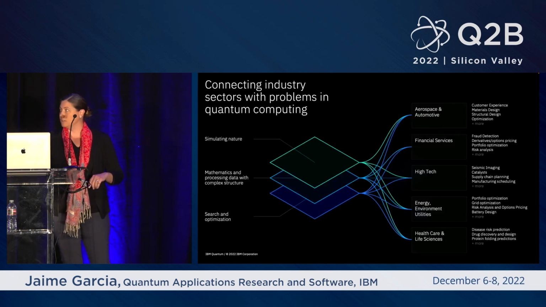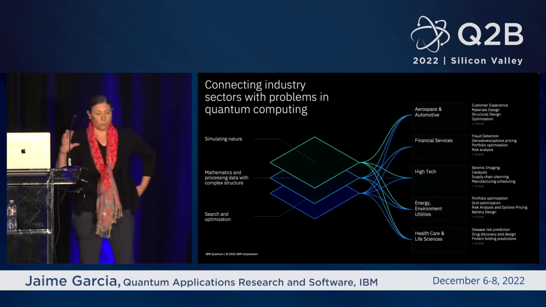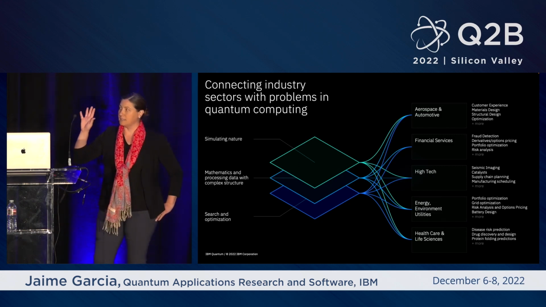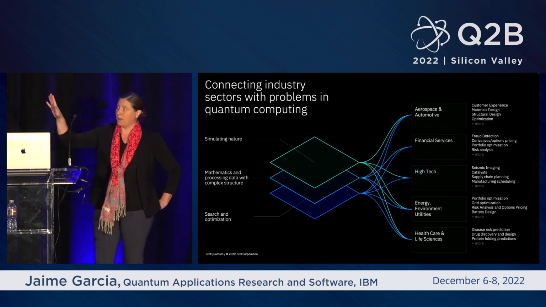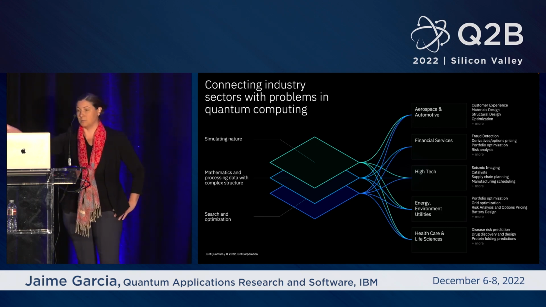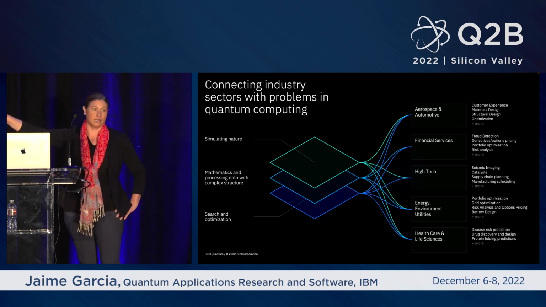When we break these down into the different industry areas, the way that we've selected focus industries that map very well onto the simulation of nature, mathematics, processing data and complex structure, and search and optimization, you can see nearly an all-to-all connectivity here.